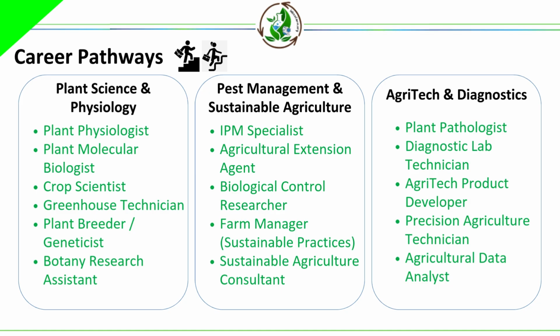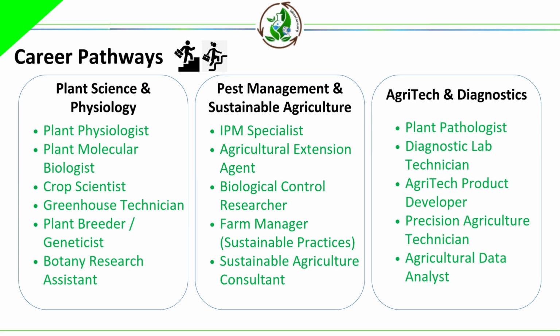These jobs blend science and problem-solving skills. Finally, AgriTech and diagnostics careers include plant pathologist, diagnostic lab technician, AgriTech product developer, precision agriculture technician, and agricultural data analyst. These roles focus on applying technology to improve plant health and farm efficiency.